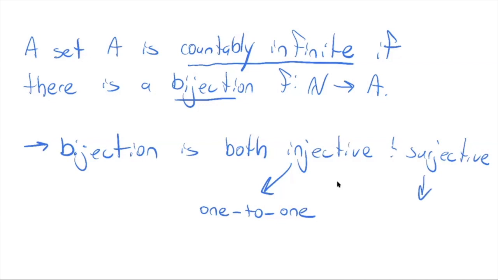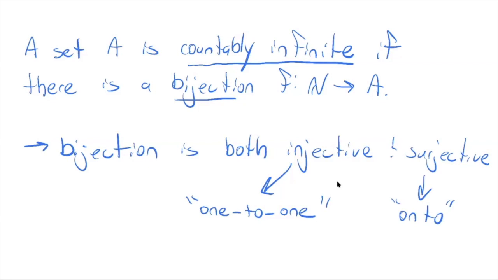Surjective means onto, meaning everything in the codomain is in the range, so everything gets mapped to. If we have a map which is both one-to-one and onto from the natural numbers to this set A, then we call it countably infinite. So that's just a little recap of where we were before we had Turkey.